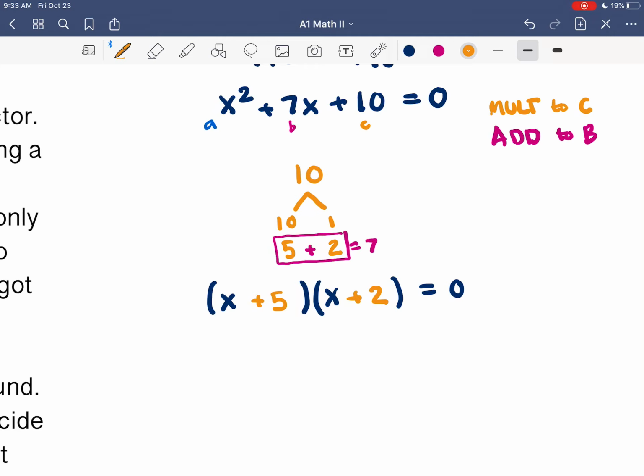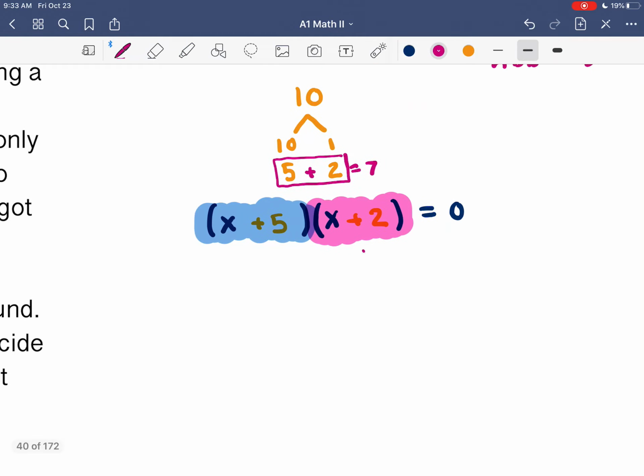Now let me tell you something great. Now we have two things multiplied together that equal 0, and so we can use the zero product property that we were using last time to find what two values of x make this true. We're going to use the zero product property to solve this by setting both of these things equal to 0 and seeing what makes that true.